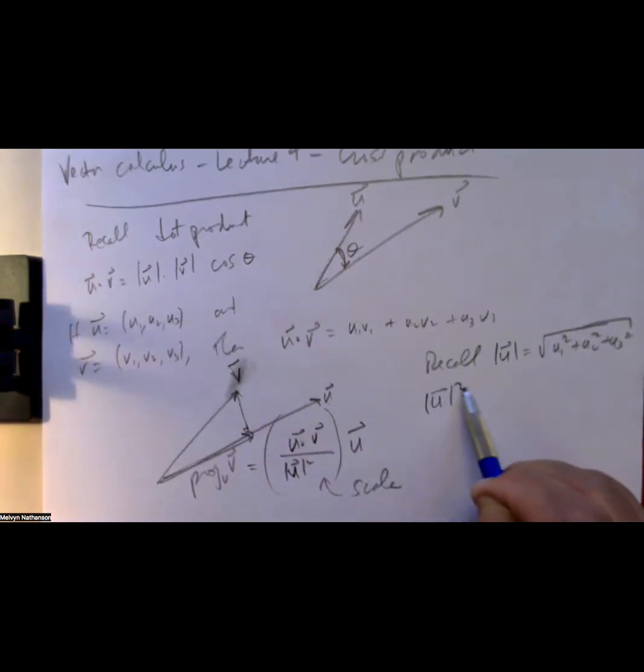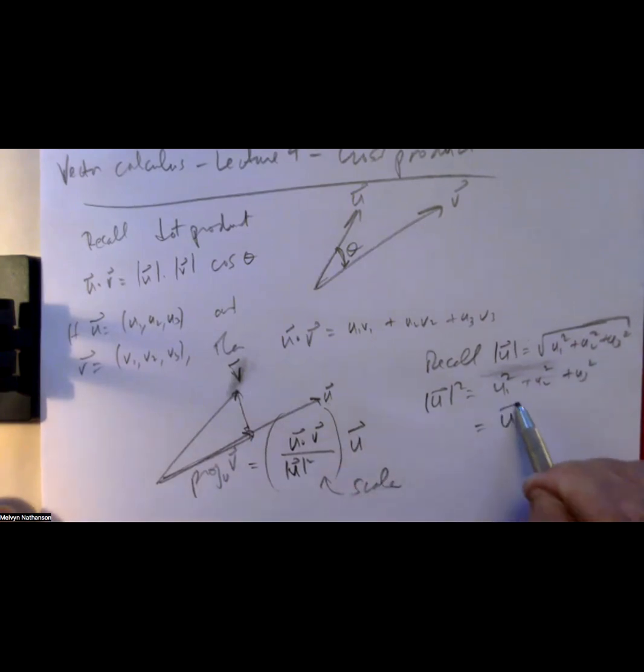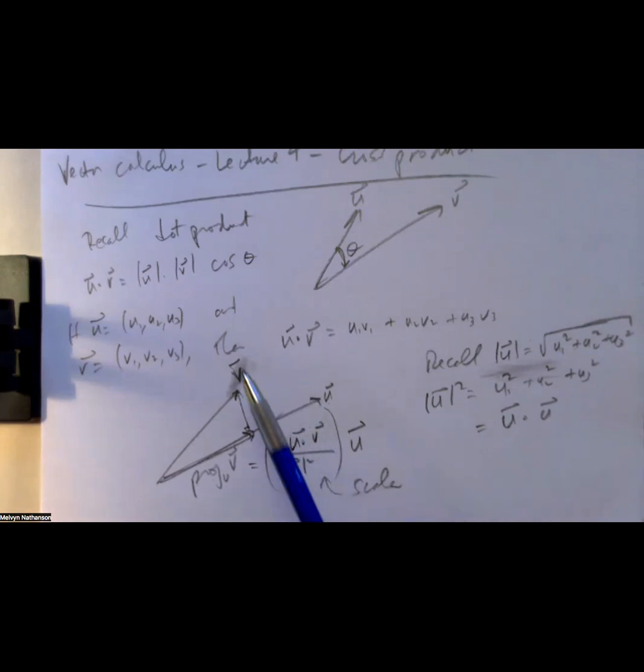So the length of u squared is u1 squared plus u2 squared plus u3 squared, which is exactly the dot product of u with u. So you could also write the dot product of u with u in the denominator. So this is the dot product. And one thing to keep in mind is that the dot product of two vectors is a number, a scalar. And sometimes the dot product is called the scalar product.